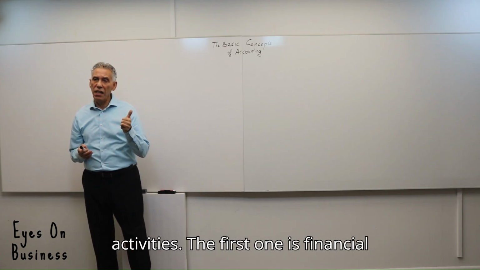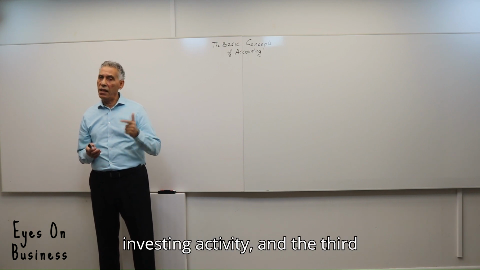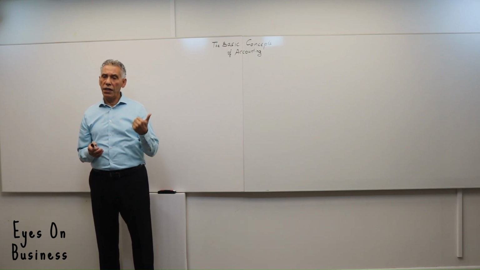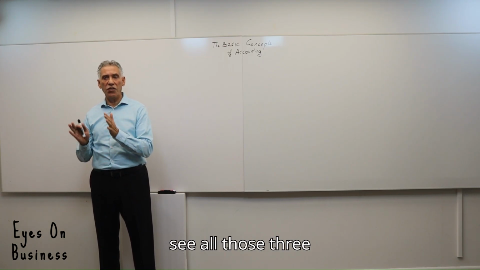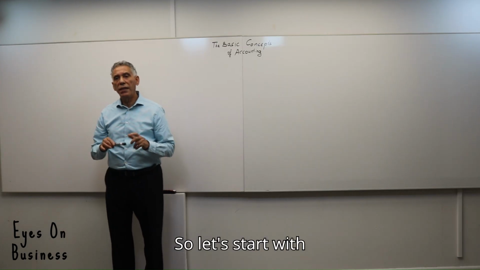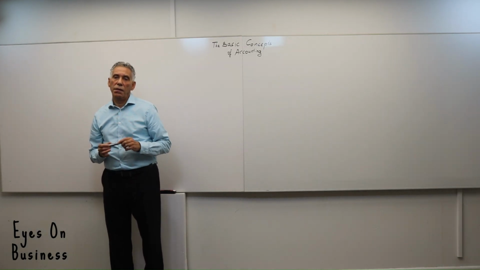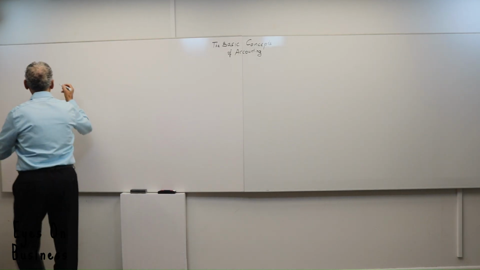The first one is financing activity. The second is investing activity. And the third is operations activity. We're going to see all those three activities later on. So let's start with financing activity. Right? We're going to write it down.